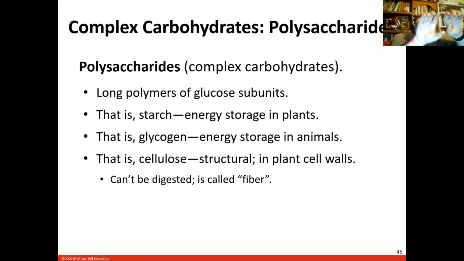Cellulose, those glucoses are this way, this way, this way, this way, this way. Our enzymes don't know how to break that down, so we can't. This is the fiber that we say, oh, it's not digestible, and it helps clean out your colon, and all true. But it's just because we don't have the enzymes for it.